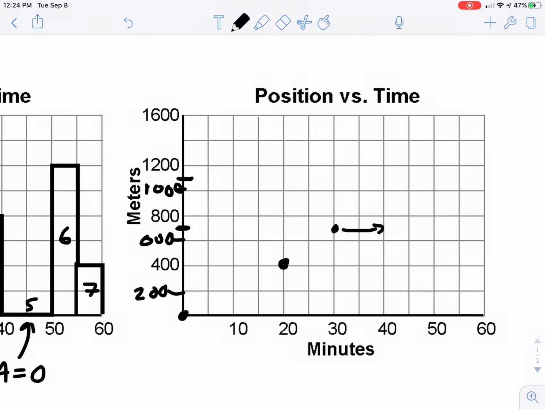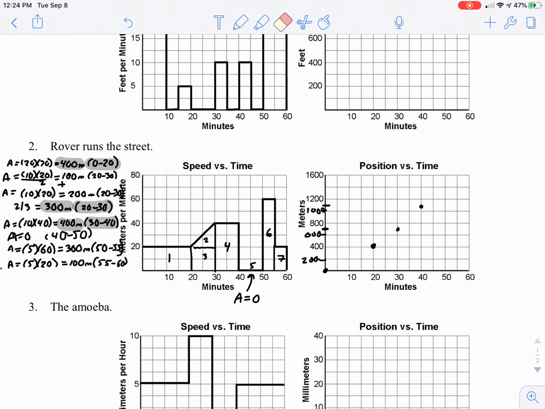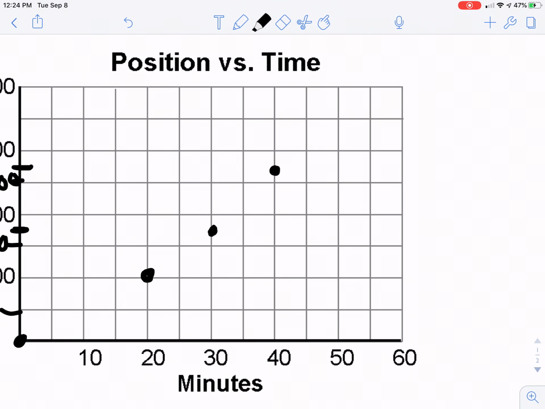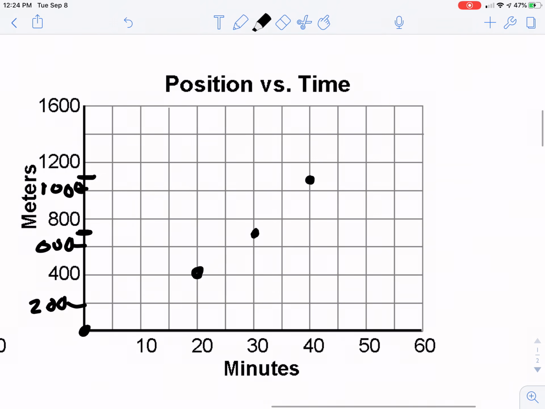So we are up to this point right now. Okay, we're up 400 more. Okay, then we're at that 0 mark. Okay, for 10 minutes, we have no area, which means we have no increased distance. So that means we remained at 1100, a position of 1100. So I'm going to go 10 more minutes over, and I'm just going to make a dot right there.